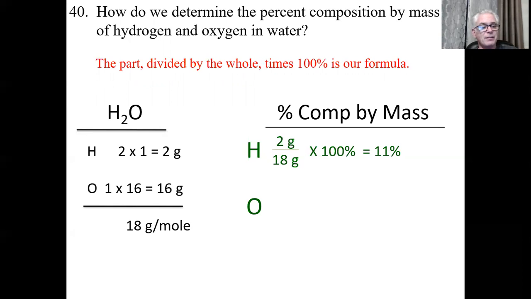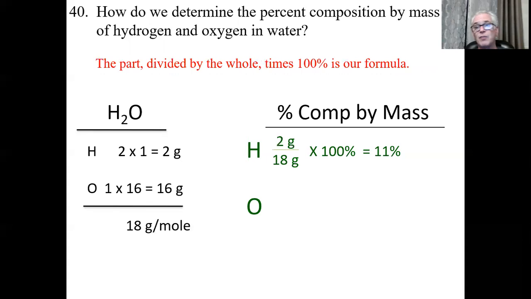Hit the clear button, and we have 2 divided by 18 equals times 100 equals, and I get, can you see it? 11.11111111. I rounded that to 11%. So if you have water, 11% of the mass is hydrogen.